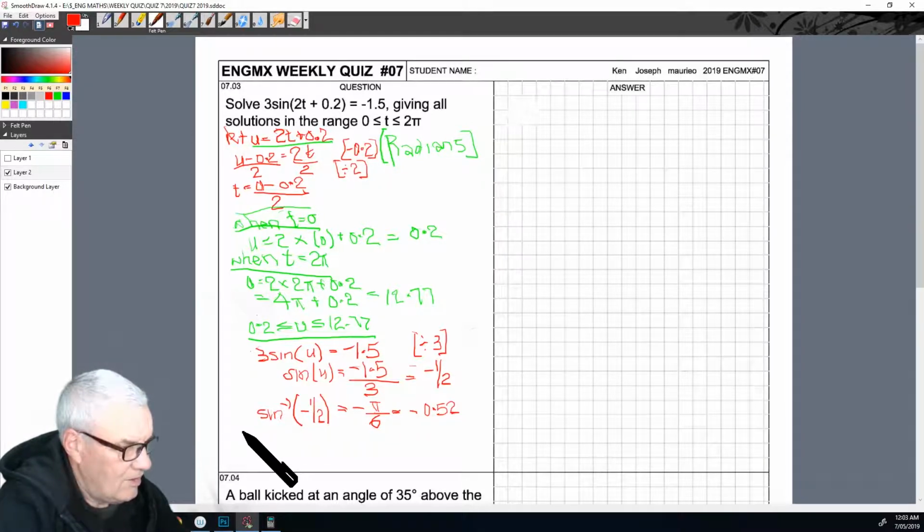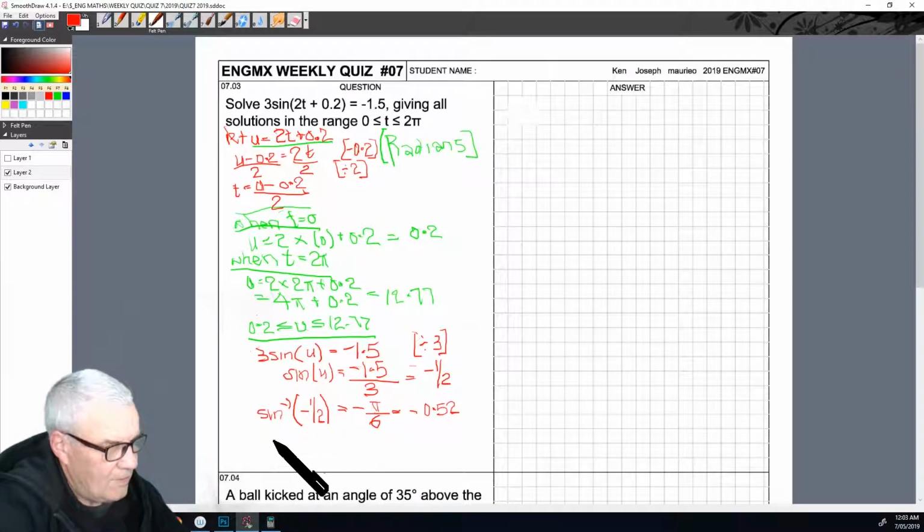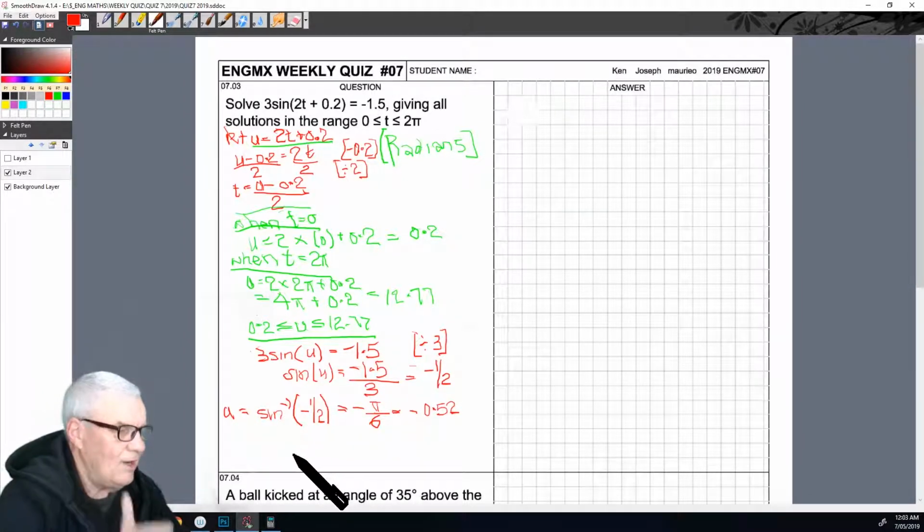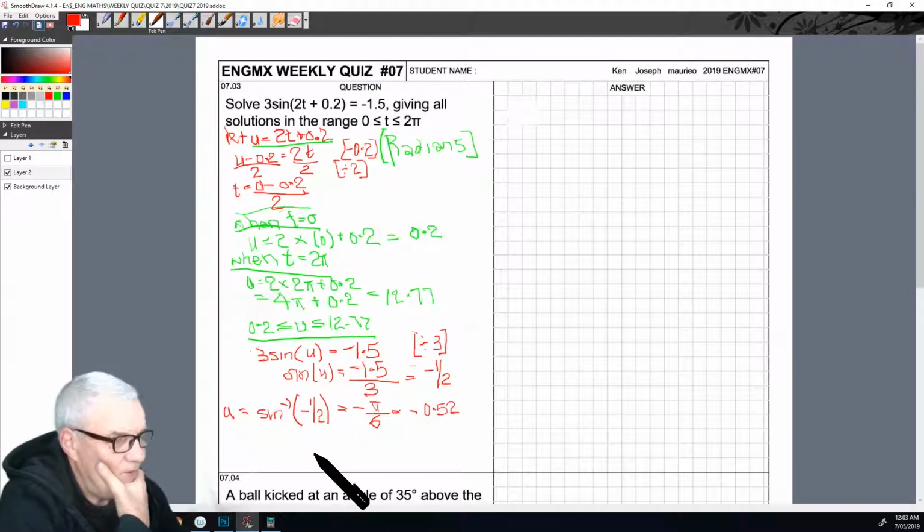Okay. And so that's u here. u equals sine to the negative 1/2, and that's negative pi by 6, which is negative 0.52.